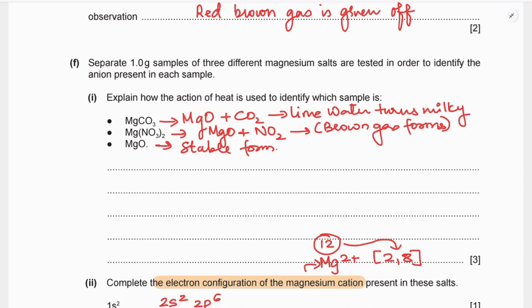When magnesium carbonate undergoes thermal decomposition, we get magnesium oxide, and because carbonate is present, carbon dioxide gas will be released, which we can check because lime water turns milky. When we heat magnesium nitrate, we get magnesium oxide along with nitrogen dioxide, which forms brown gas fumes. MgO, magnesium oxide, is stable, so nothing happens even if you heat it more. So these are the observations you may write over here.